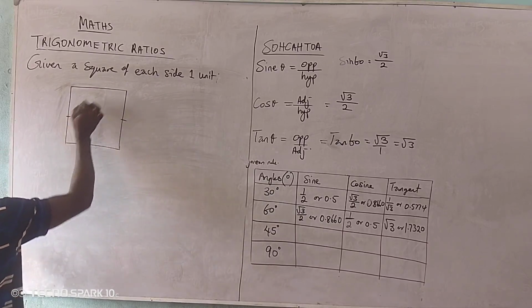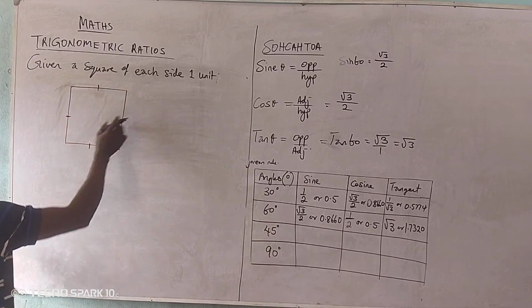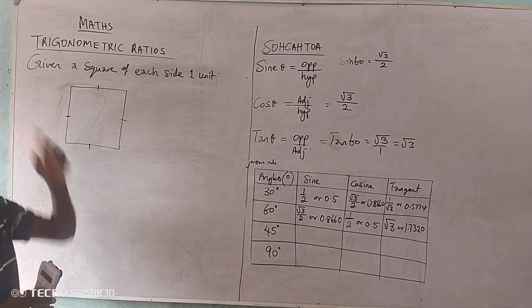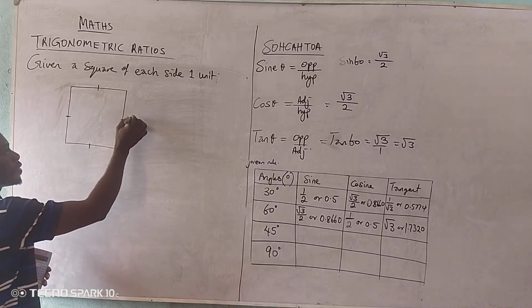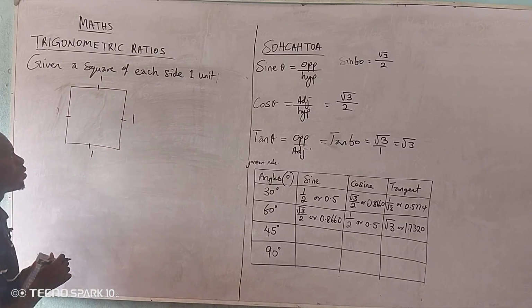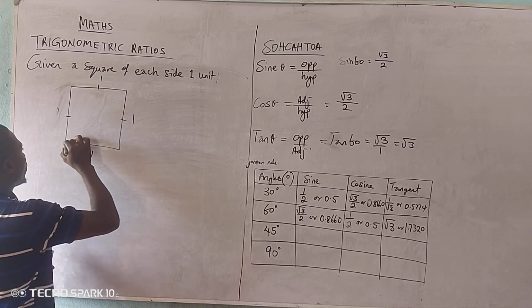Each side is 1 unit. Of course, this arc I'm giving here shows you that each side of this square is equal. So in the square of side 1 unit each, I'm going to draw a diagonal to this square.